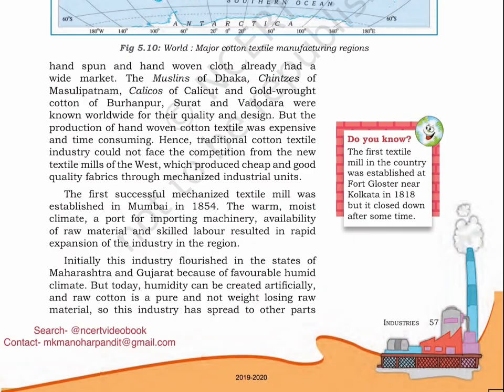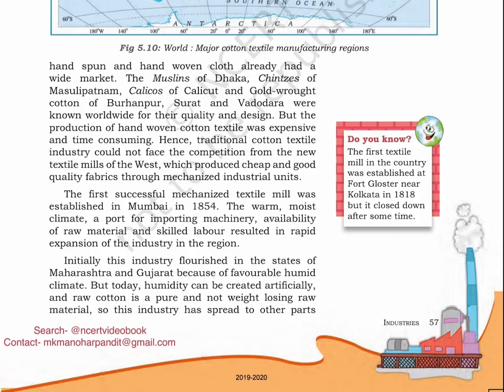But today, humidity can be created artificially, and raw cotton is a pure and not weight-losing raw material. So, this industry has spread to other parts of India: Coimbatore, Kanpur, Chennai, Ahmedabad, Mumbai, Kolkata, Ludhiana, Puducherry, and Panipat are some of the other important centers.